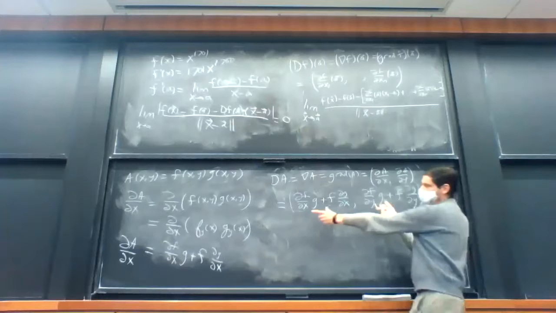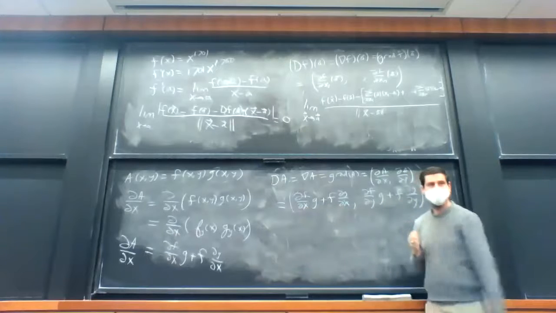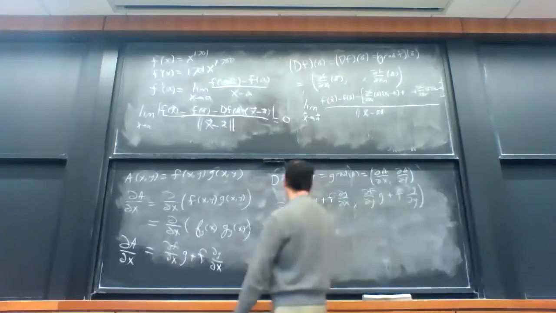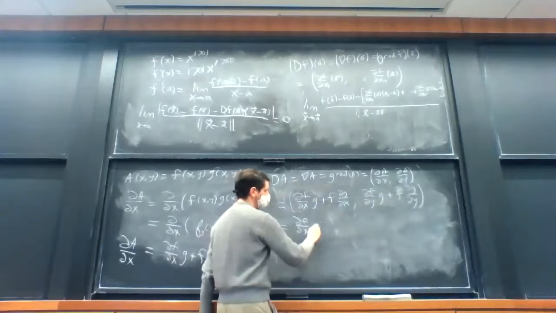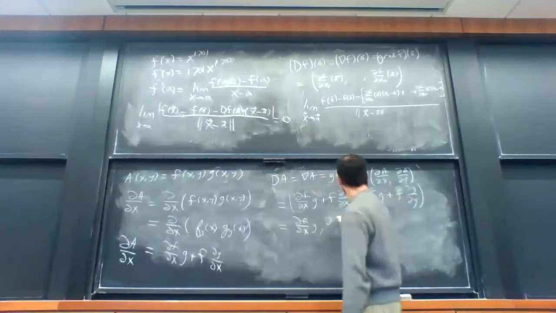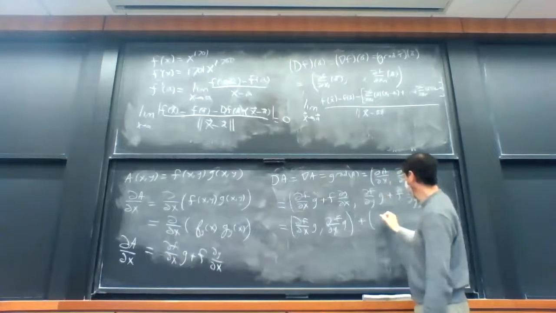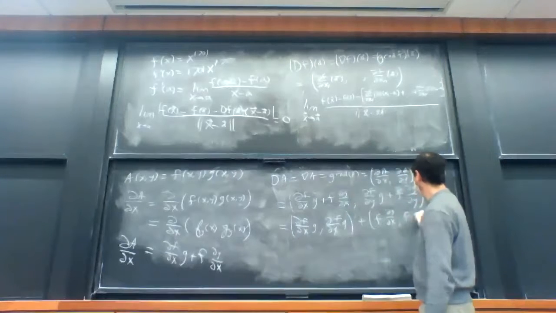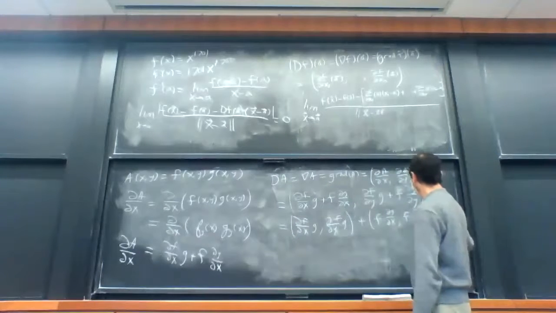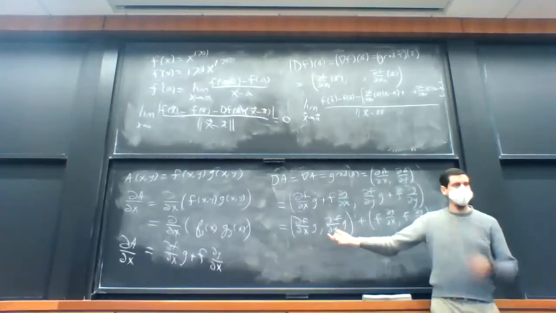Why should I pair this with this? Both have the g. So if I do that, I can view this as df dx g, df dy g, plus f dg dx, f dg dy. Now what can I do here?